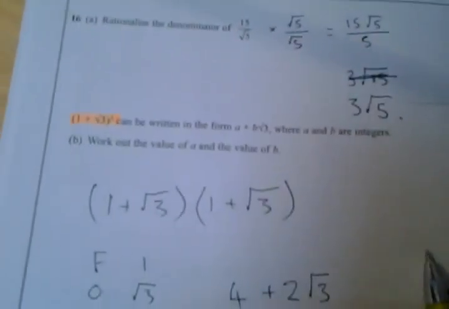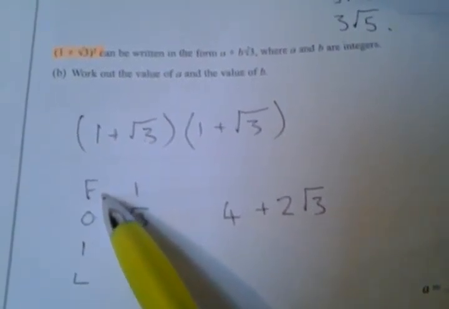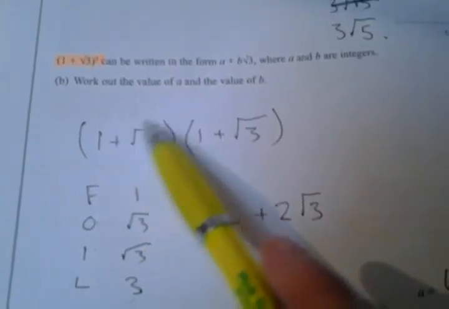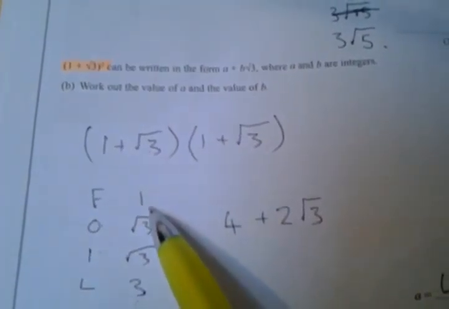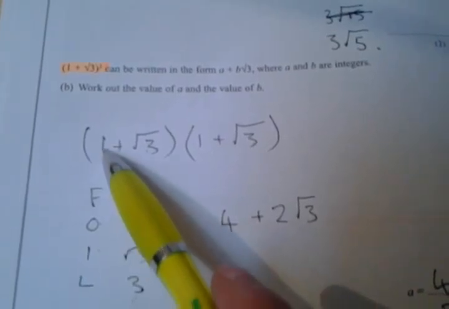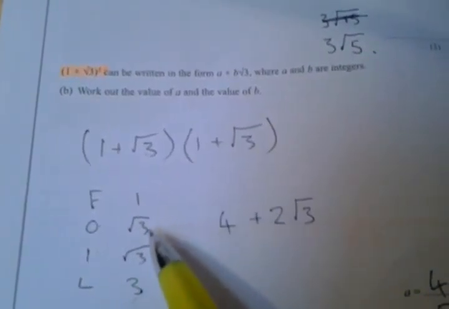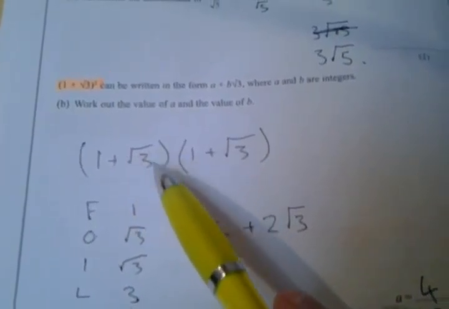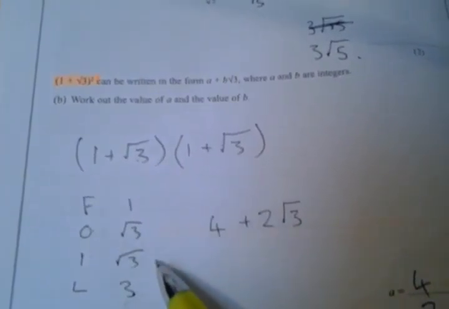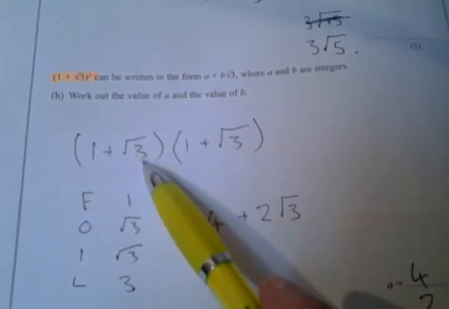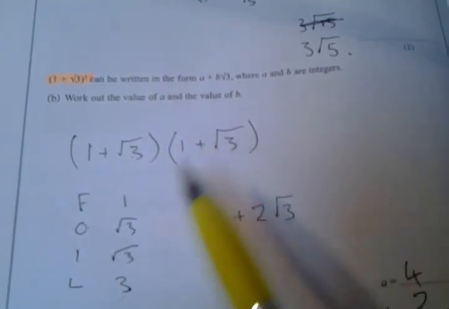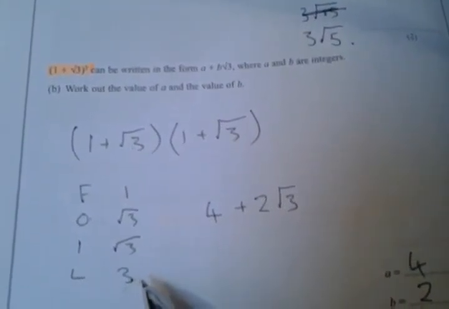Now, this is just expanding two brackets, so you can use whatever method you want. I've used FOIL down here. The first, 1 times 1 gets me 1. Outside, 1 times root 3 gets me root 3. Inside, root 3 times 1 gets me root 3. Last, root 3 times root 3 gets me 3.